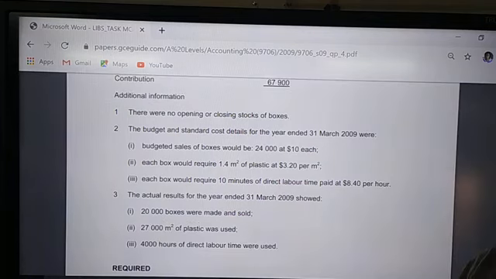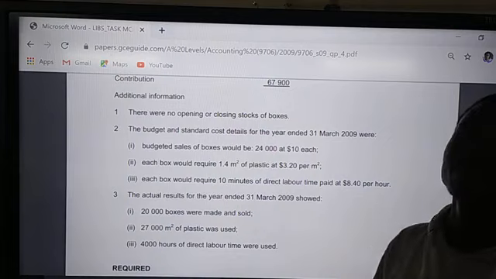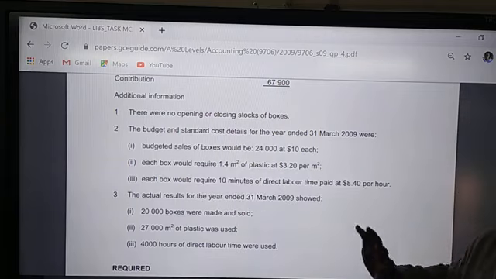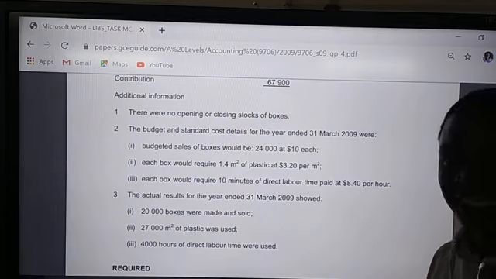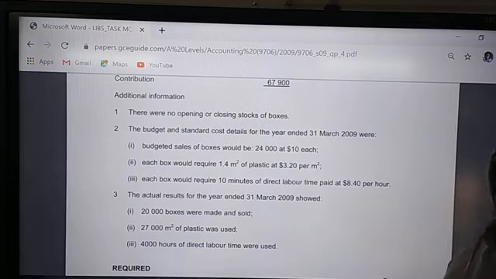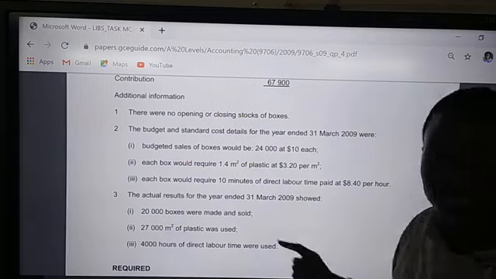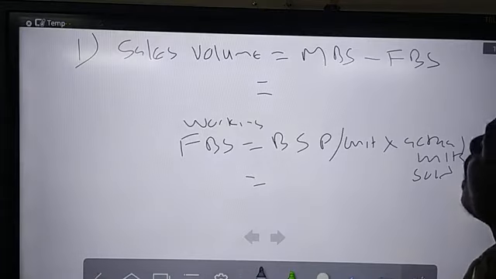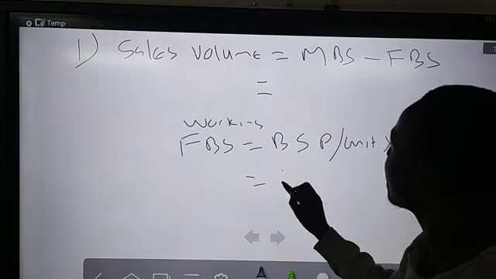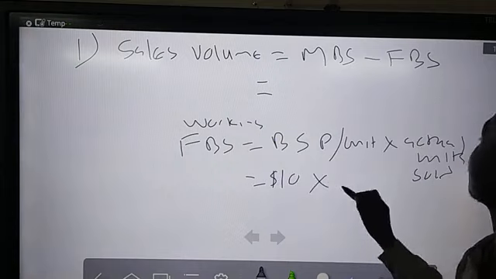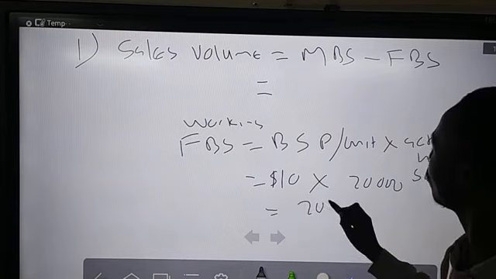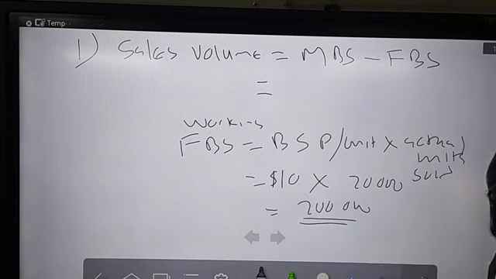That's our FBS. Then MBS simply refers to the budgeted sales revenue, so our budgeted sales revenue is 24,000 times 10, that's 240,000. For FBS, it's budgeted selling price per unit of 10 times actual units sold of 20,000, which equals 200,000.